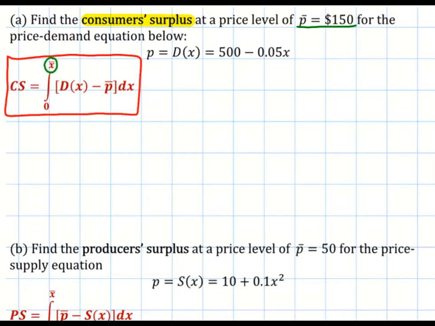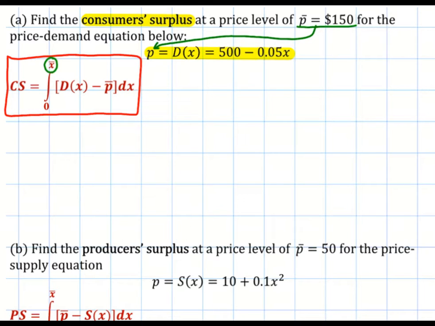So we have the price demand equation given as 500 minus 0.05x. Since the price is equal to 150, we substitute 150 into it.